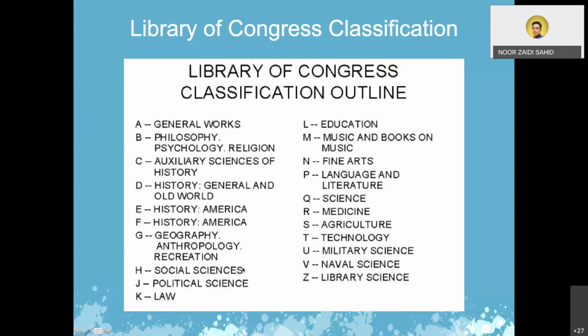Tetapi katalah tajuknya adalah poverty di sub-Saharan country. Poverty, kemiskinan di mana? Di sub-Saharan. So, mana kita nak letakkan? Dia mungkin adalah gabungan daripada social sciences dan juga mungkin kontennya berkaitan dengan agriculture.